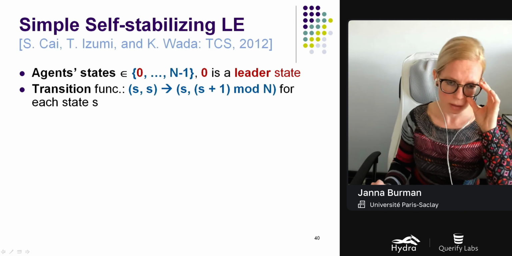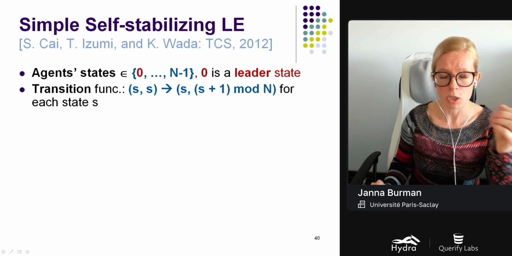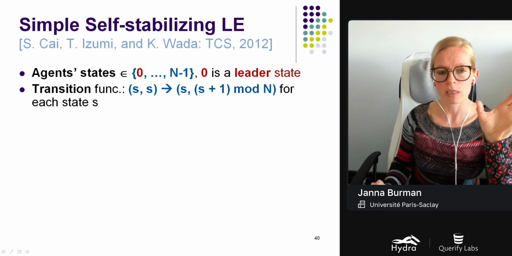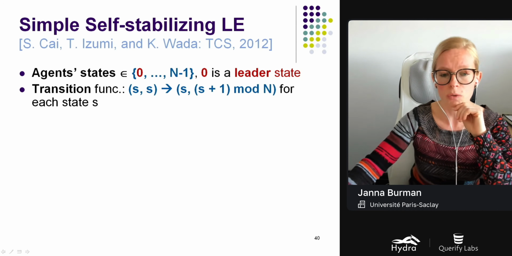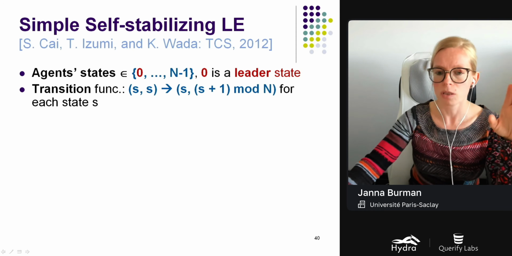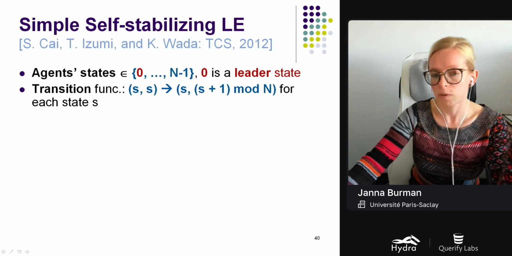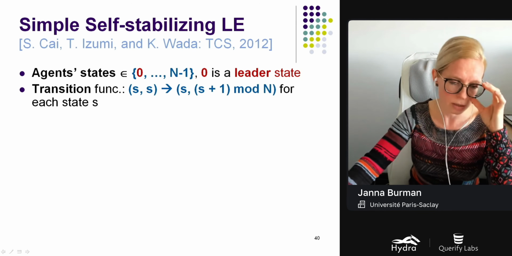But we had this algorithm which is a self-stabilizing one. So in this algorithm, agents can be in one of the n states. You see here, from 0 to n-1, and the 0 state is considered to be a leader. Okay, so if there is an agent in state 0, we think of it as a leader, right?